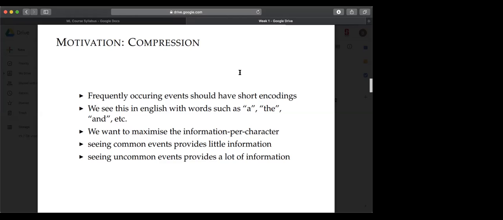Not to mention, very frequently occurring events don't really provide high information, because high-frequency events are technically things that occur near the mean of a distribution.